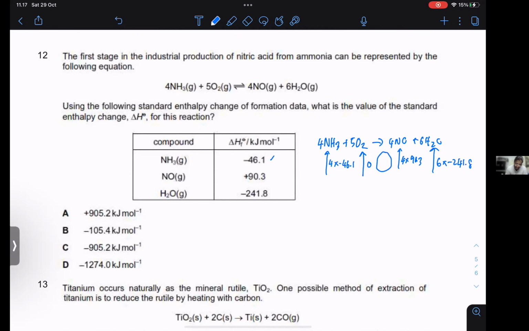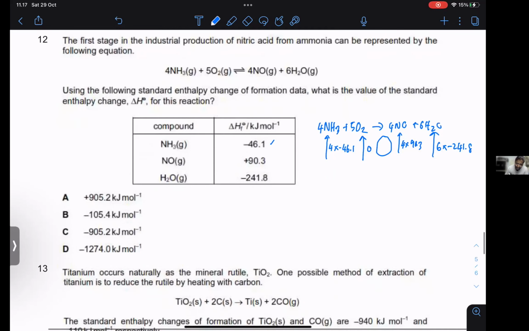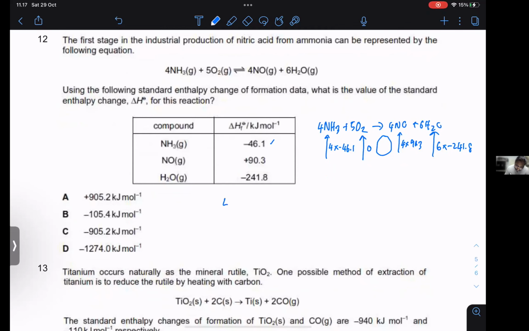Put a circle there. So you have 4 times negative 46.1 plus 0 plus delta HR equals 4 times 90.3 plus 6 times negative 241.8.